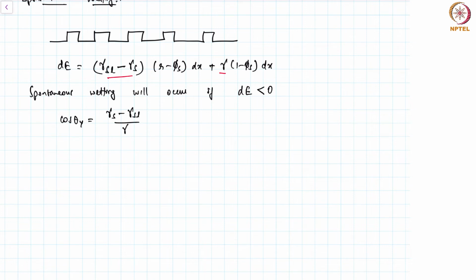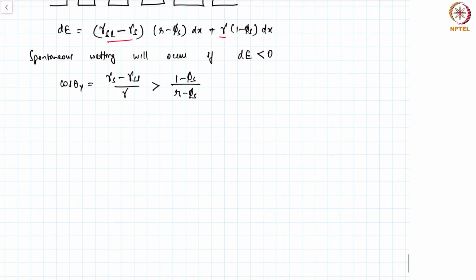The cosine of this will turn out to be greater than (1 minus phi s) by (r minus phi s). So this is the case where we have spontaneous wetting if this condition is met.